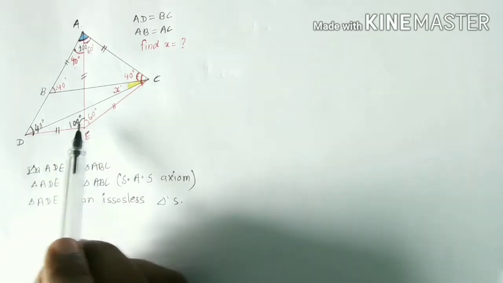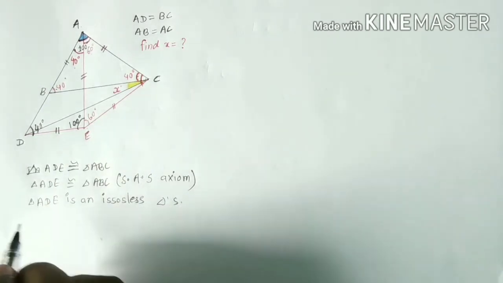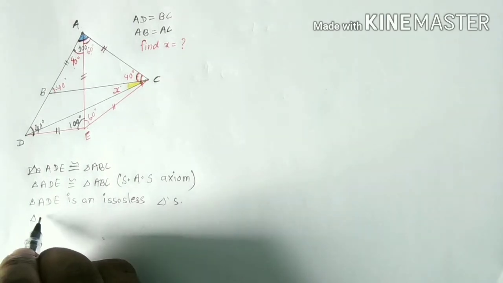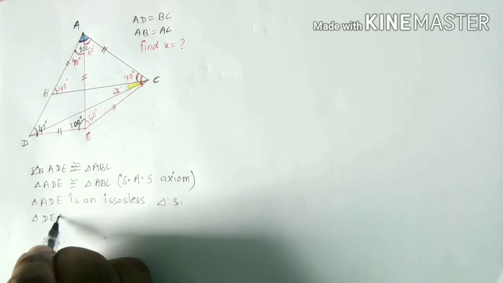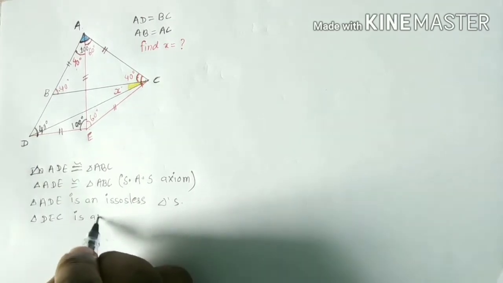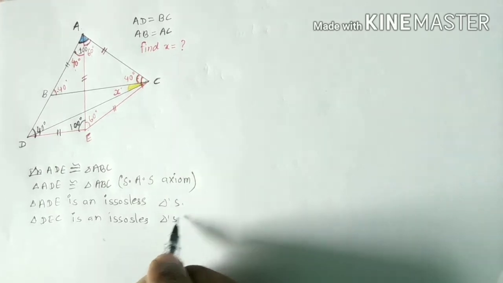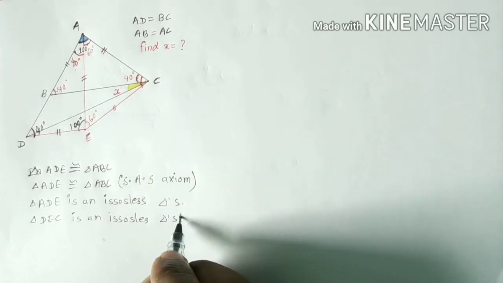The sides DE and EC are equal. So we can write here that triangle DEC is an isosceles triangle.